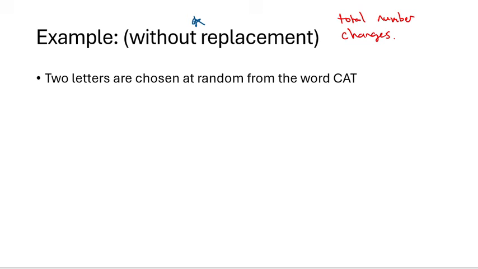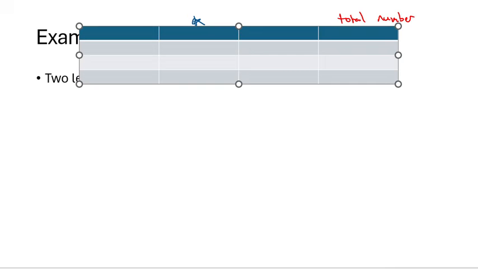But we're just going to use the same example. We're going to use the word CAT. So let's just do that again. What I'll actually do is draw a nice table, CAT, and then CAT. So I'll go 4 by 4. Oh, whoops.